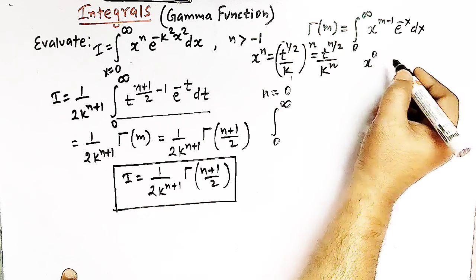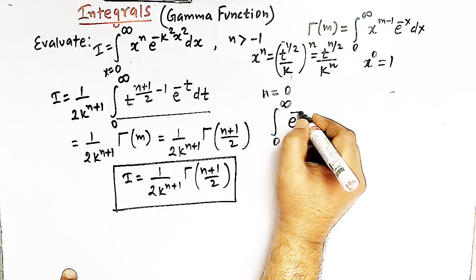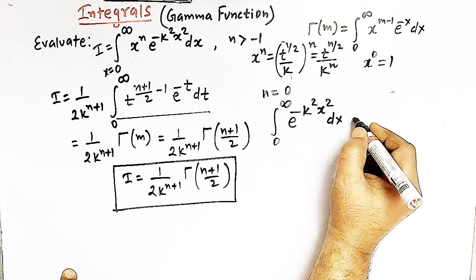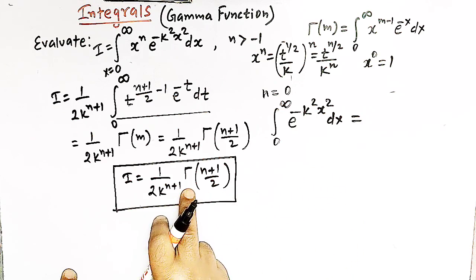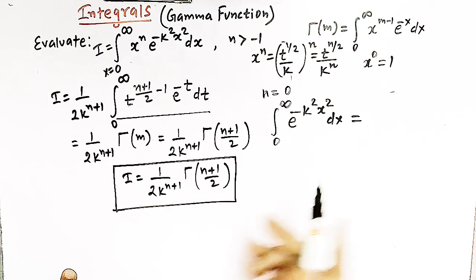So x raised to 0 is equal to 1. So we have simply e raised to minus k square x square dx, and now the value of this integral can be obtained by taking n is equal to 0 in this expression.